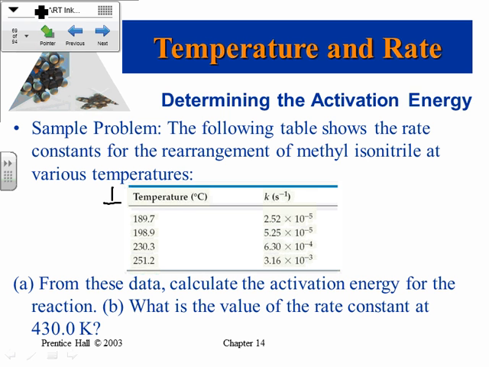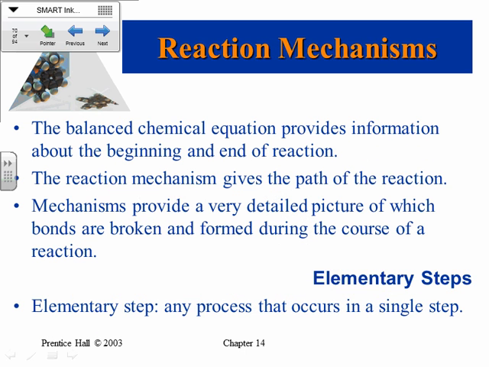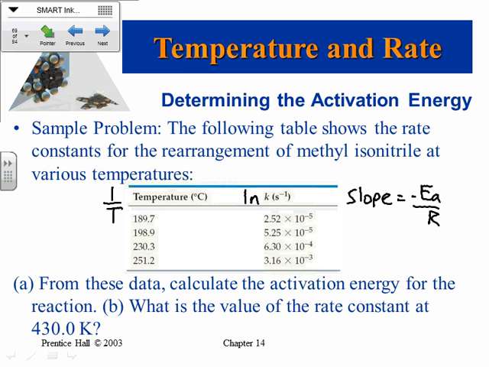So you can graph 1 over the temperatures, so figure out the inverse of each of these numbers, and then you take the natural log of all the k values. You should be able to graph those as x and y coordinates, and you should get a straight line. The slope of that line, again, would be negative Ea over R, and you can solve for the activation energy. That's it for the temperature and rate stuff.